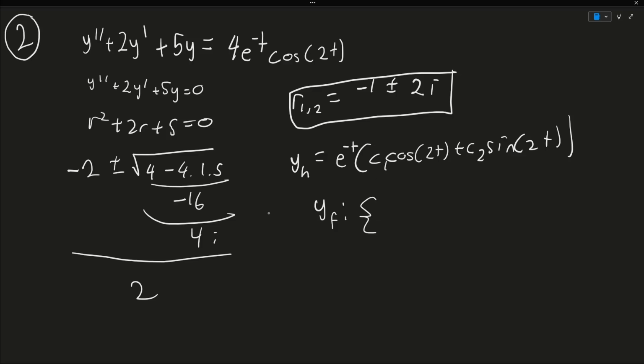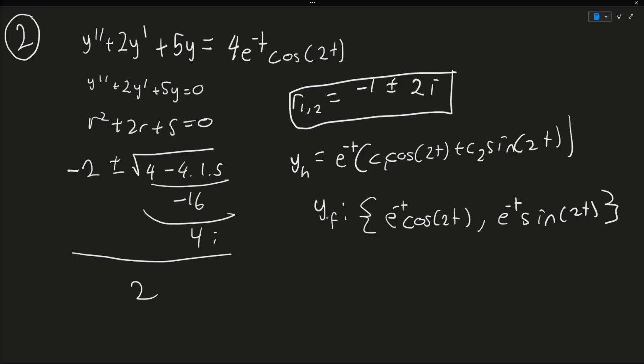Other than the constants, everything is part of the set of solutions. So we're going to have e to the minus t cosine of 2t, comma, not plus, because this is a set, e to the minus t sine of 2t. And this will be your fundamental set of solutions.